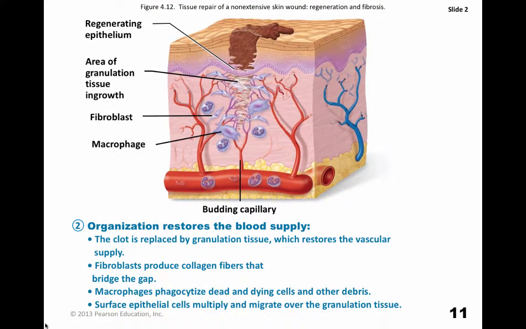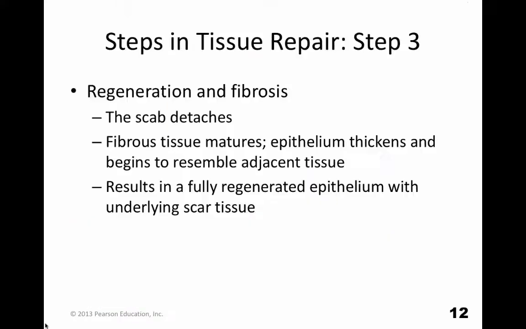Now, that's step 2, and so now we're going to look at step 3, the final step in tissue repair. And this is where you're going to see either regeneration or fibrosis. The scab is going to detach at this point, and fibrous tissue matures. The epithelium will thicken and begin to look like everything around it, right?